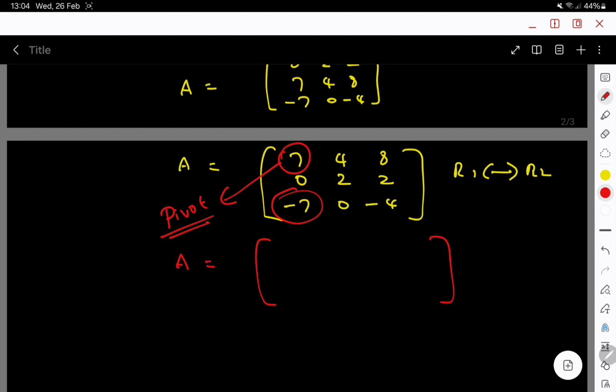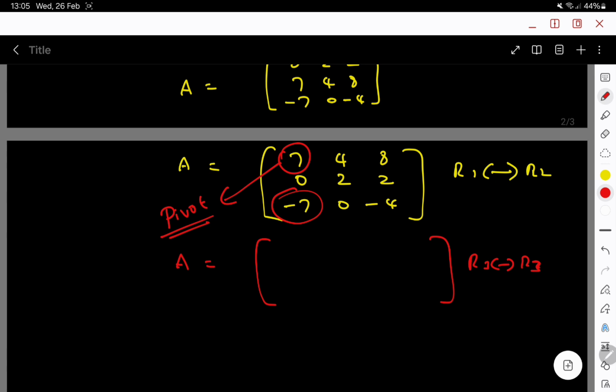First step is we change entries into 0 by using leading entries in the corresponding column. Now for R3, there is no change of second row because 0 is already there.